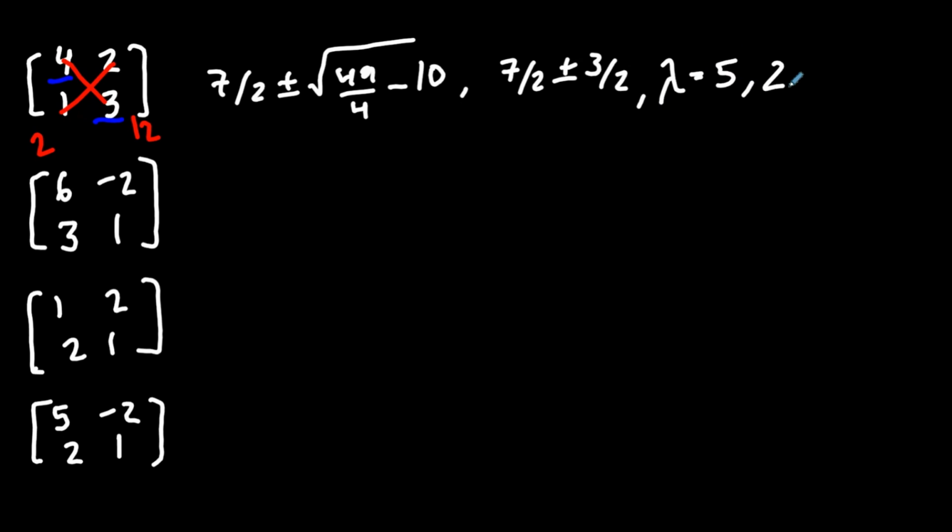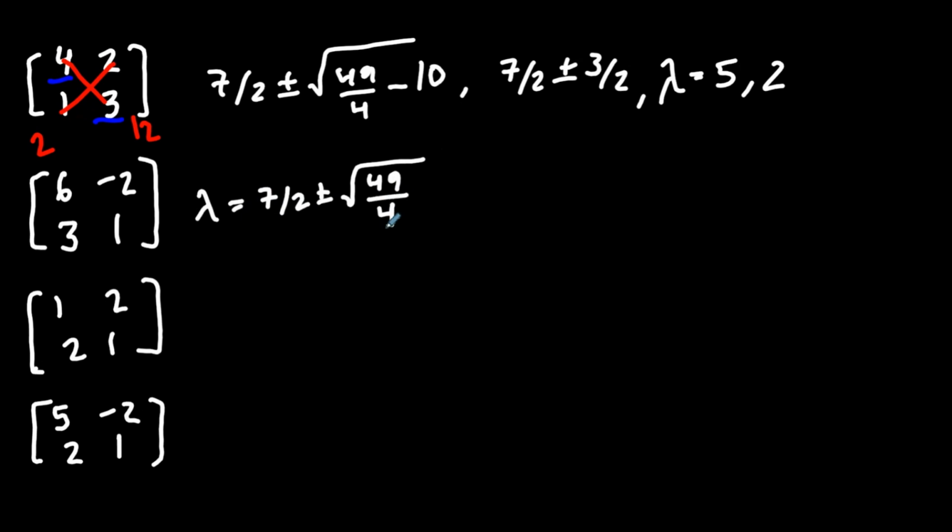Let's go over a couple more examples. So we want to find the eigenvalues of this matrix. The mean between 6 and 1 is, again, 3.5, so 7/2. So the eigenvalues are equal to 7/2 plus or minus the square root of 7/2 squared, which is 49 over 4.